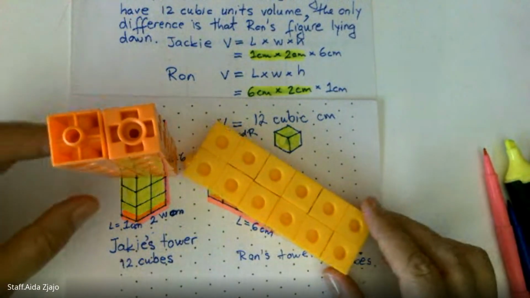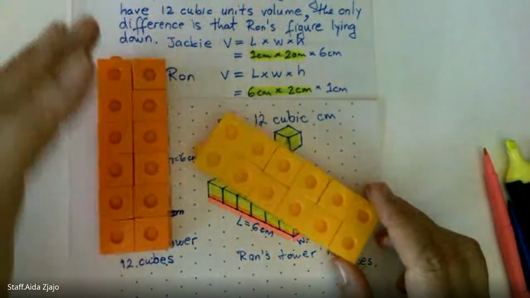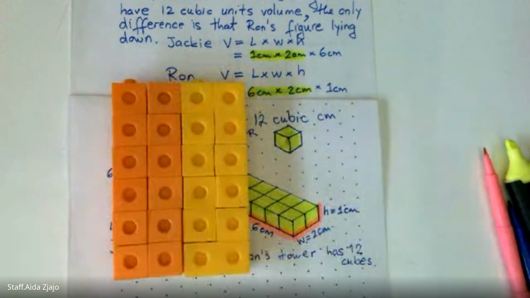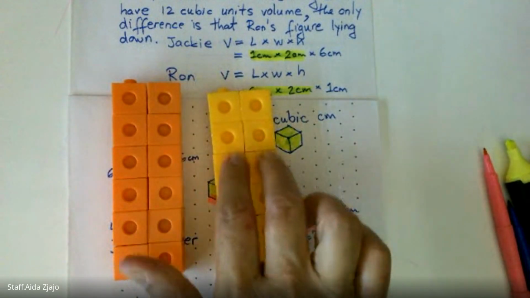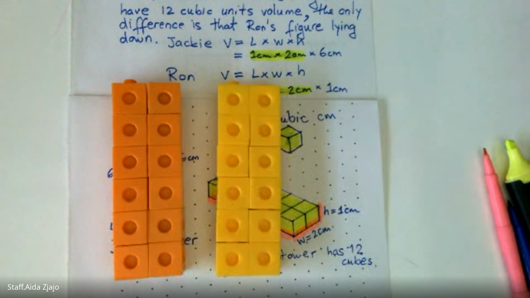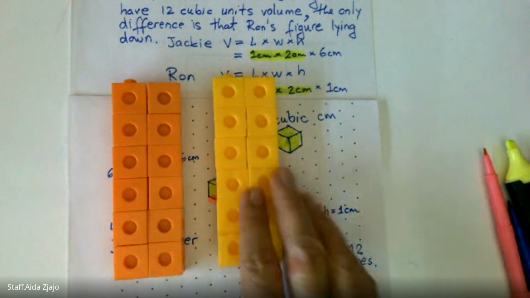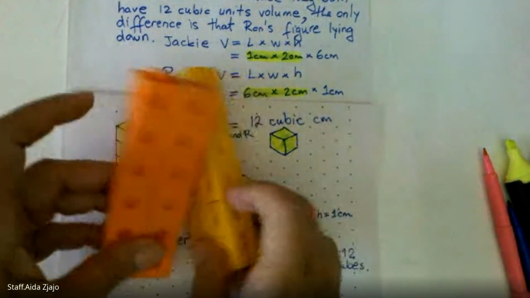If I lay down hers, you can see it will be exactly the same, because both of them have 12 cubes: 2, 4, 6, 8, 10, 12. This is 12 cubic inches, but if you use centimeter cubes, then it will be 12 cubic centimeters. That's an additional thing you could explore.